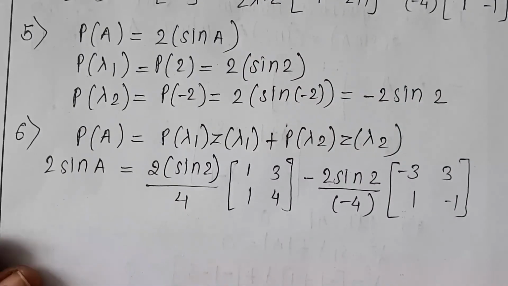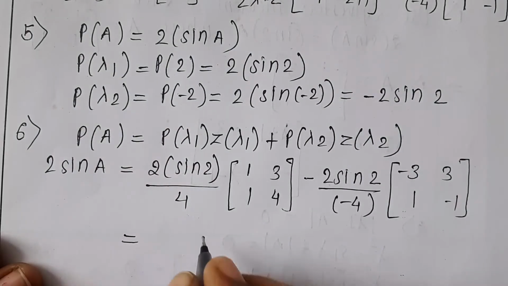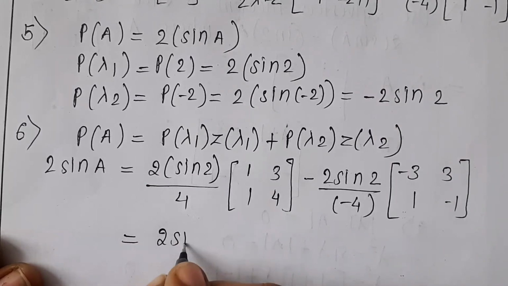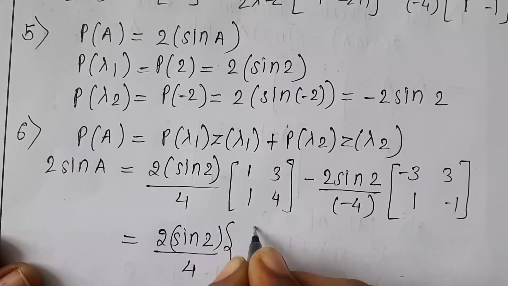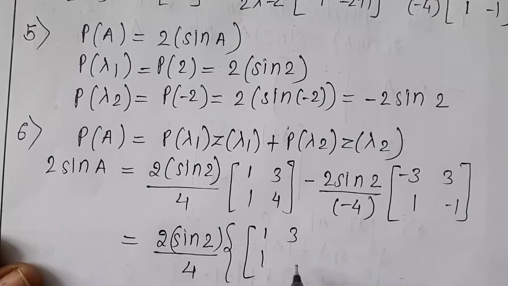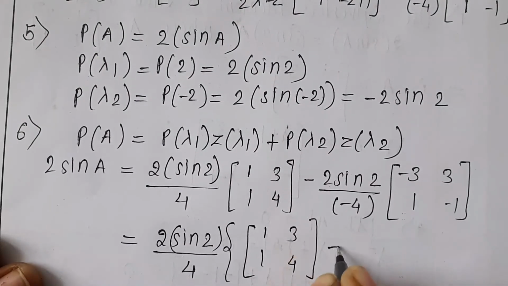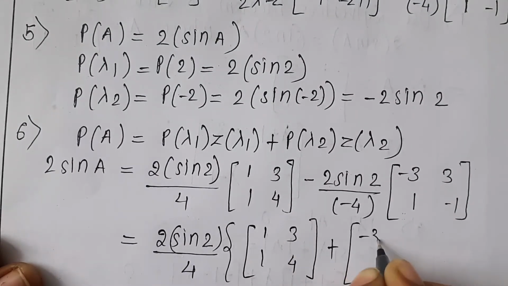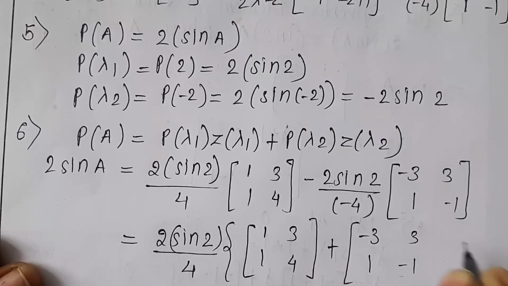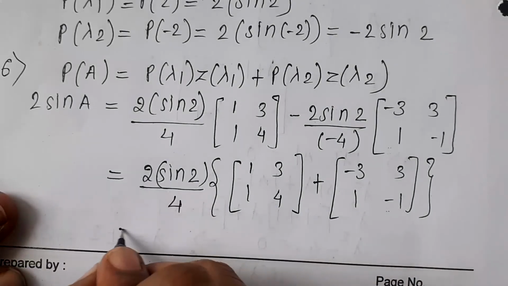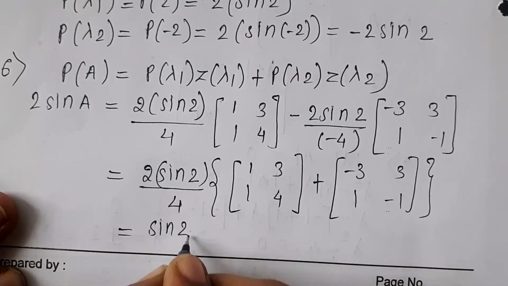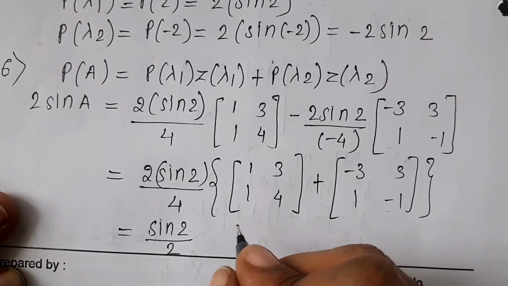Now try to simplify it. The common term here is 2 sin 2 divided by 4. This is common. Now what is the remaining term? The matrix 1, 3, 1, 3 minus the matrix minus 3, 3, 1, minus 1. So 2 by 4 is sin 2 divided by 2.